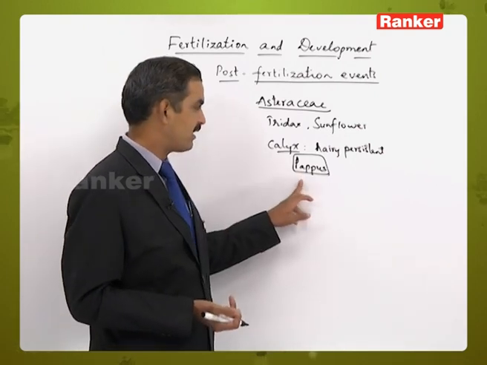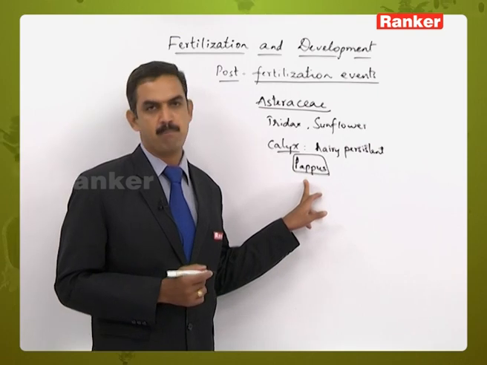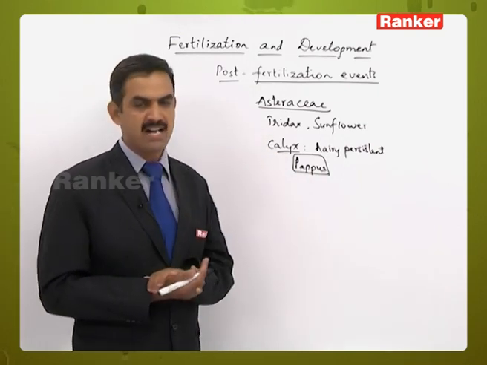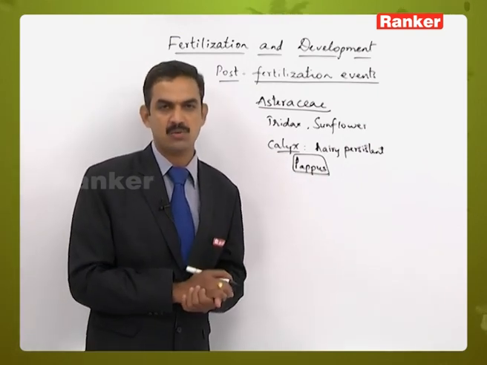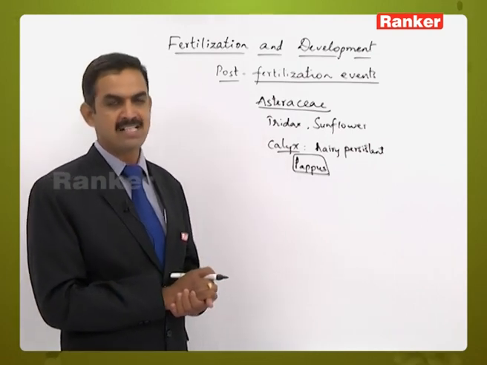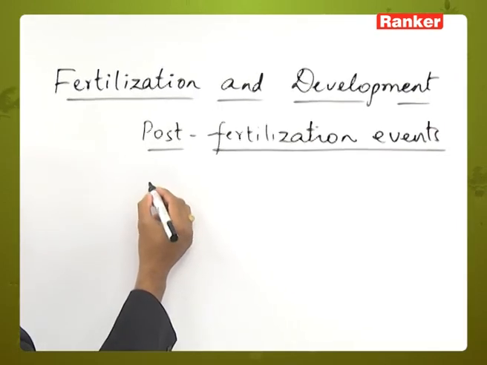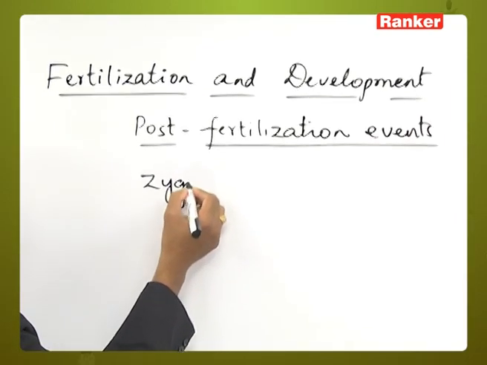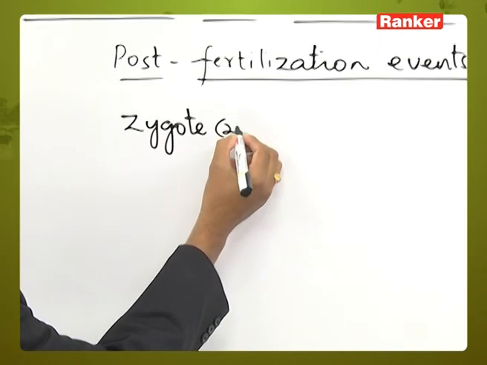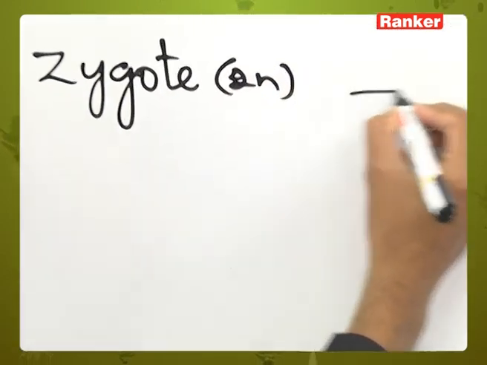That cottony material is nothing but the hairy persistent pappus. So this is one special structure that can be observed in the Asteraceae members as a result of post fertilization changes.